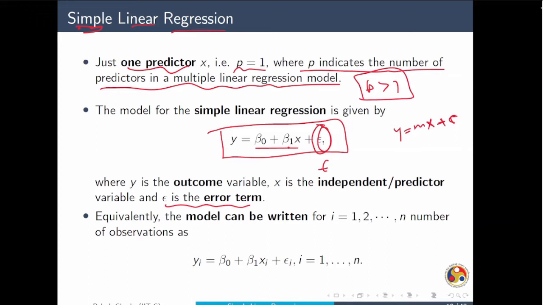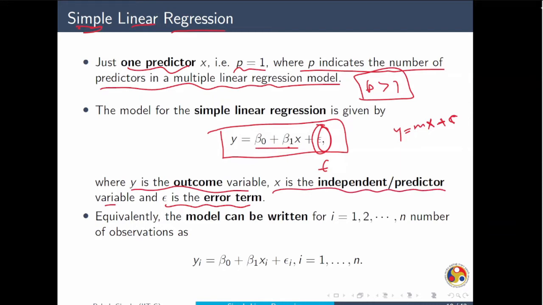Without error, there is no job for me. I'm adding error so that in real life, we are not perfect. There will be error in everything you do. Our objective is to take whatever happens in real life into a mathematical formulation, but we also accept error, and our objective is to minimize that error as much as possible. Here y is the outcome variable, x is the independent or predictor variable, and epsilon is the error term.